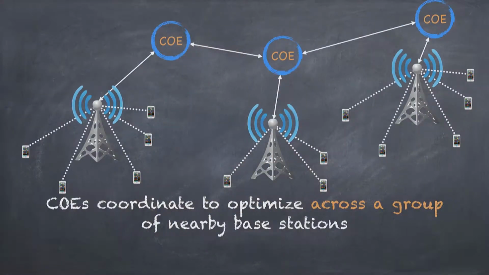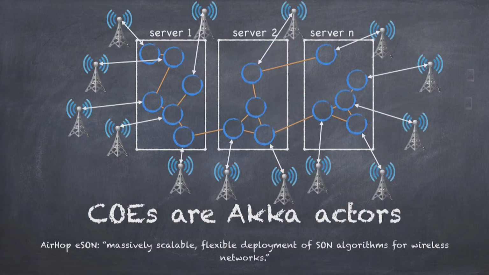Then the next step is that COEs for neighboring base stations, by some definition of neighboring, will coordinate in order to optimize across a group. I'll talk a little bit more later about how that group is formed and what that group really means. The net result of all this is, and I'm sure you can see where this is going, the COEs are actually Akka actors.